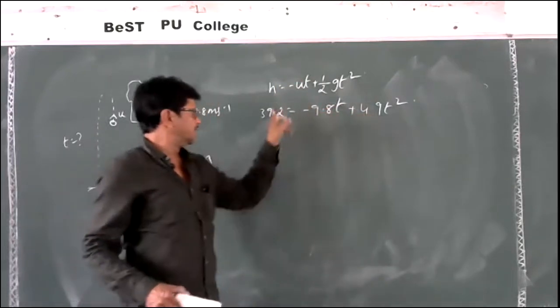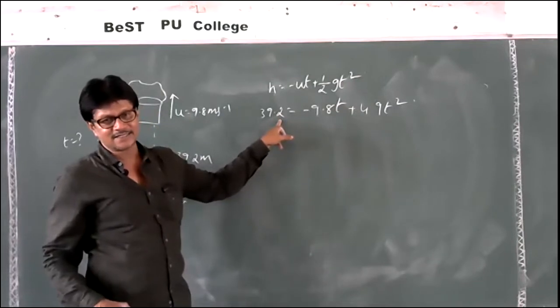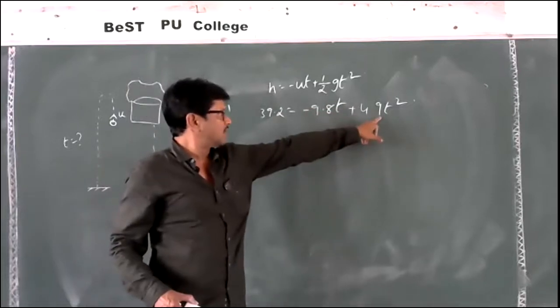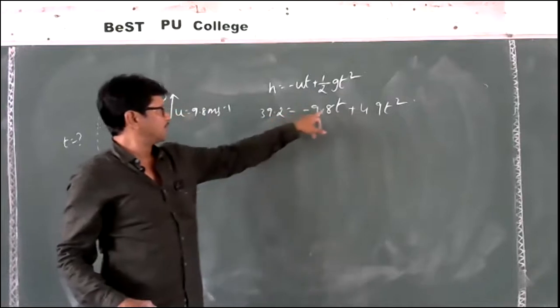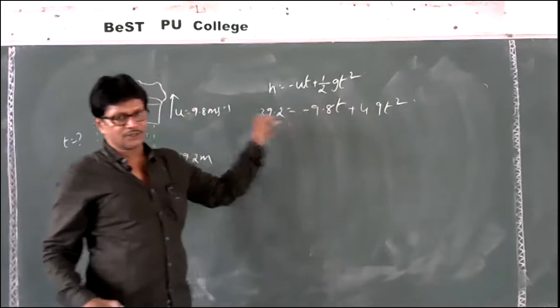Here 39.2 divided by 4.9: 9 sevens are 63, 9 eights are 72, so 8 times.